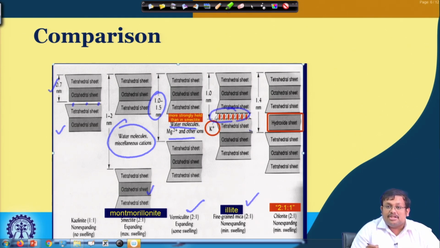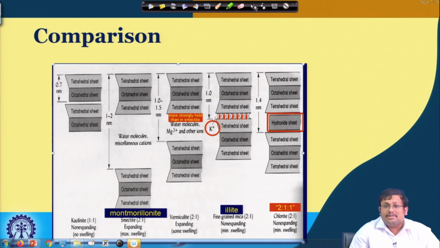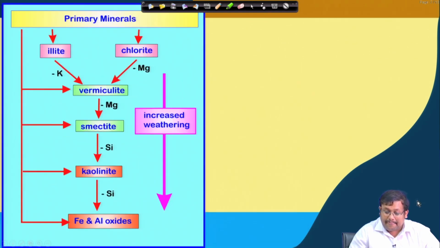The interlayer space is dominated by potassium, and it shows restricted swelling, and the d-axis spacing is only 1 nanometer. In the case of 2:1 type chlorite, it is dominated by the hydroxide sheet in the interlayer space, giving a locked structure. So, this is a visual comparison of different important clay minerals, showing their structural differences.